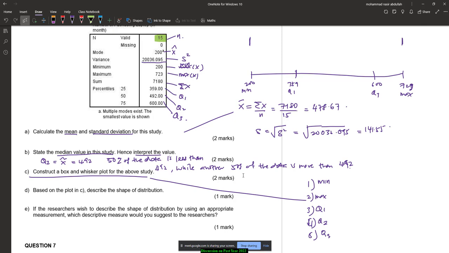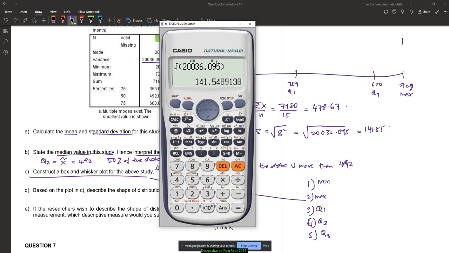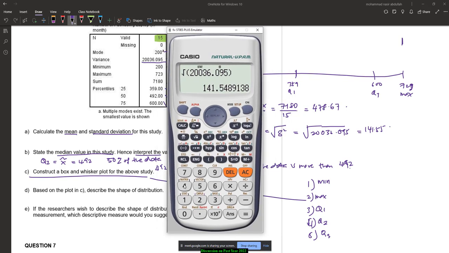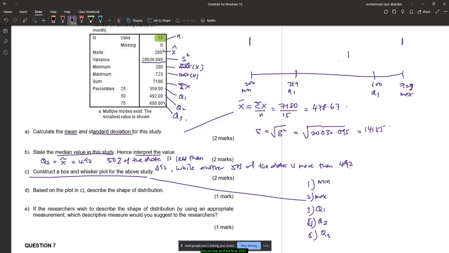Right? And then for quartile number 2, we need to find the difference. So for quartile number 2, 492 minus 359 is 133, and 600 minus 492 is 108. So that means it is roughly near here. Right? Near here.